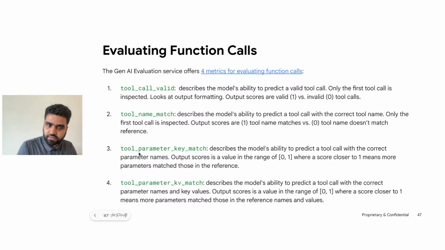Third is matching both, and finally, whether the key value has matched or not. Based on the different types of solution you're building, you can leverage these four parameters to evaluate function calls as well. So overall, we discussed model selection, as Shoaib highlighted different types of models, and then we discussed customization.